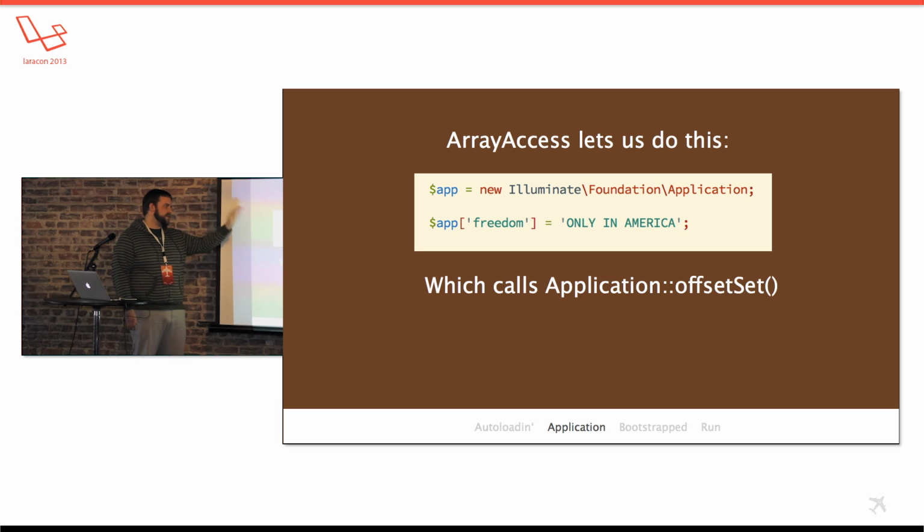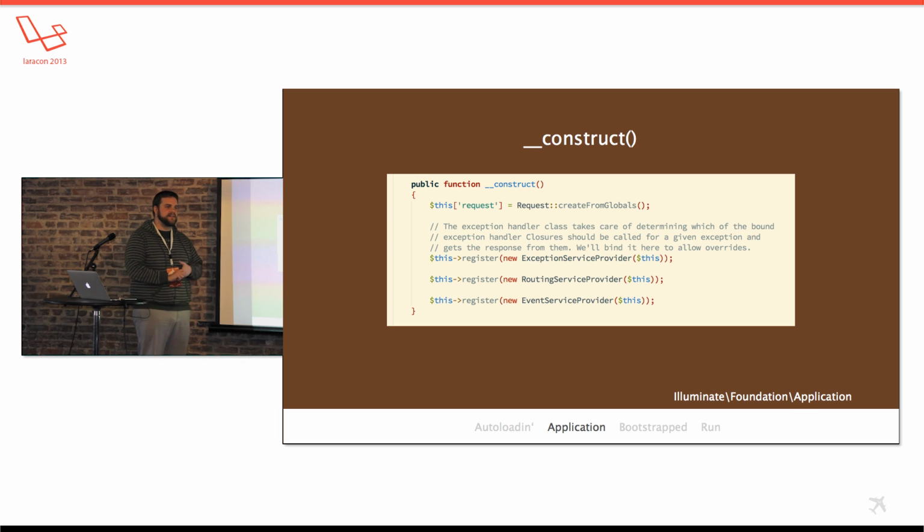So what this is doing is creating this new instantiation of application, and obviously freedom's only available in America, being that we're in DC. And when this gets assigned, when it says app equals freedom, what it's actually doing is going to the container object through the inheritance chain and calling offsetSet.